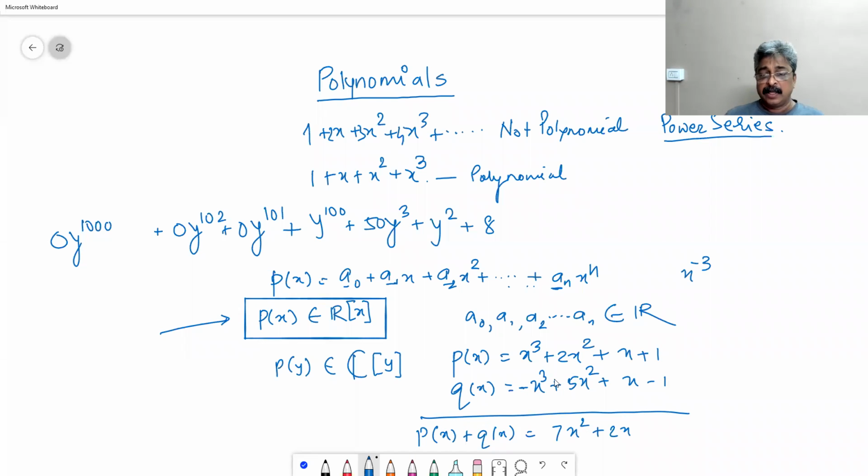If I take r of x, another polynomial, as minus x cube minus 2x square minus x minus 1, and if I add p of x plus r of x, I get 0. So the degree of the summation of polynomials is going to be equal to or less than the maximum amongst the two.